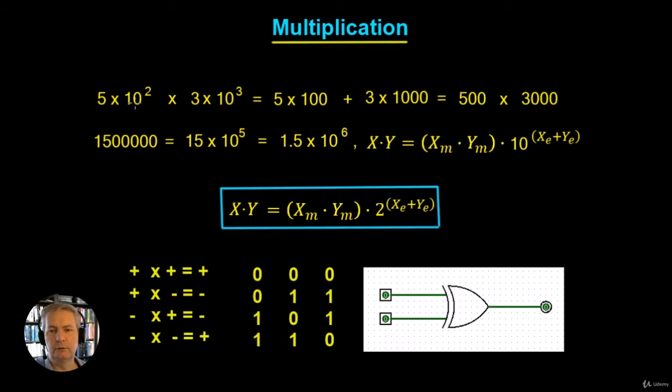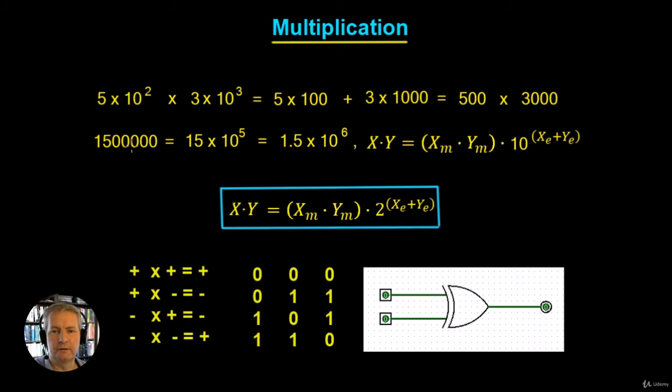So 5 times 10 to the 2 is the same as 5 times 100. 3 times 10 to the 3 is the same as 3 times 1000. So 5 times 100 is 500, and 3 times 1000 is 3000. When we multiply these two numbers together, we multiply the 5 and the 3, which will give us 15. And then we're going to be left with 1, 2, 3, 4, 5 nothings.